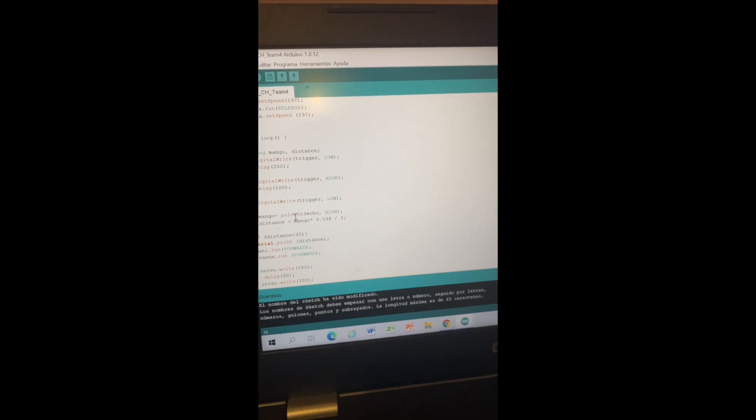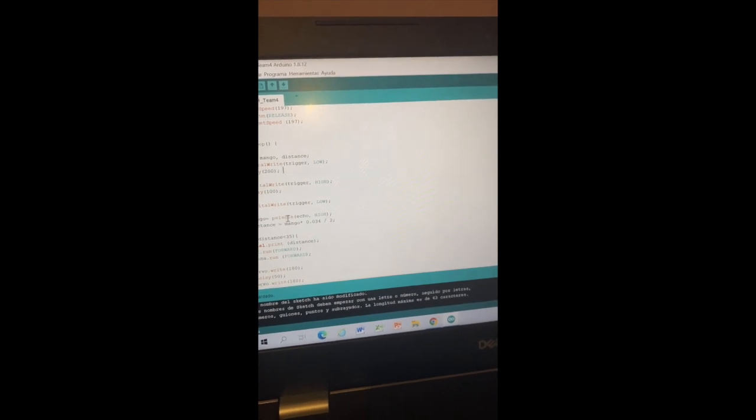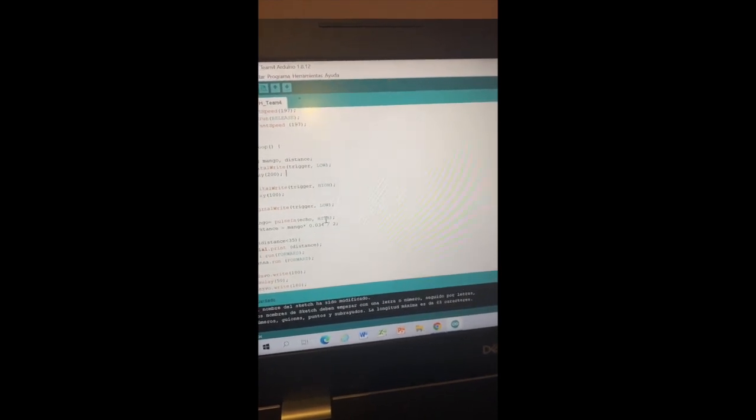And this is how we are gonna read the mango, that was the duration of the sound wave. And we have that the mango equals pulseIn, echo is gonna be high, the other pin for the ultrasonic.